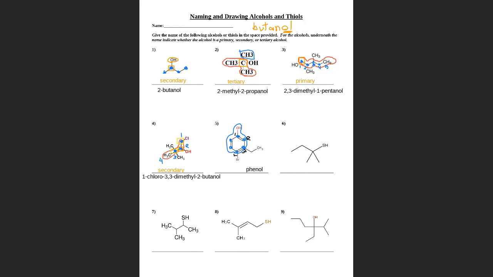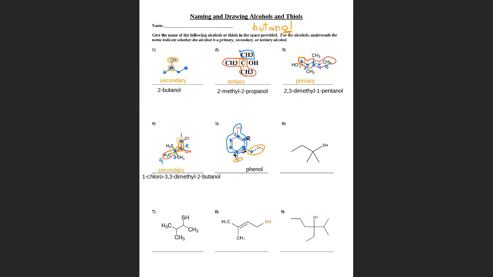So that'll be lower numbers. That's the second level of priority. You remember your levels of priority? Functional group, lowest numbers, alphabetical order. So we have a 2-carbon branch here, and we have a bromine branch here.